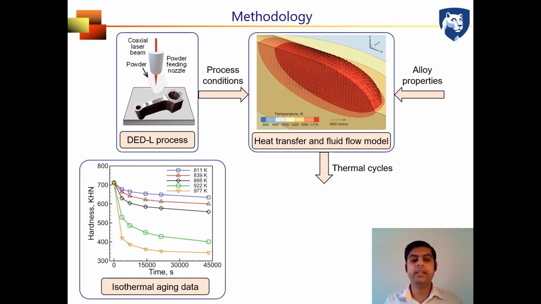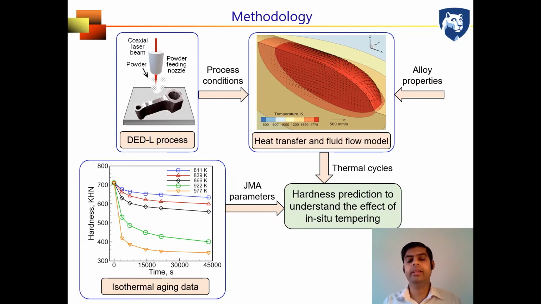On the other hand, from the isothermal aging data of H13 tool steel, we can predict the constants in JMA equations. And then when we know the constants in JMA equation, we can use them over the thermal cycle to predict the hardness, through which we can understand the in-situ tempering during additive manufacturing process.